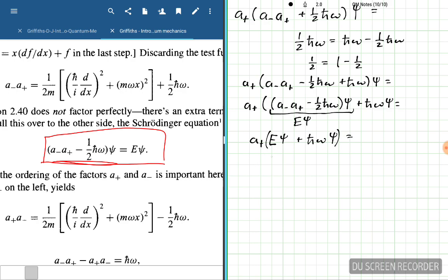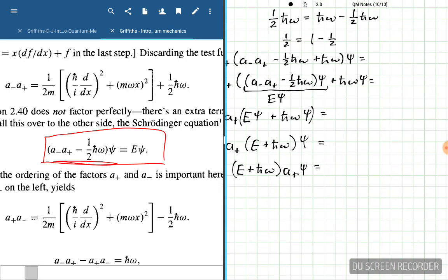So let's go ahead and factor out the psi. And then I can push the A plus all the way through because it's not going to affect the order. So I have E plus h bar omega times A plus psi.